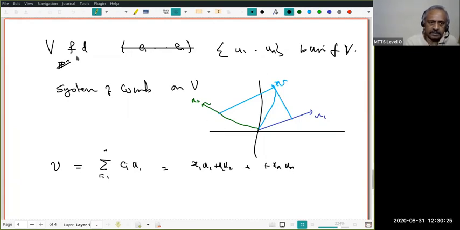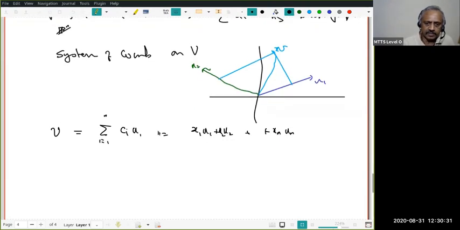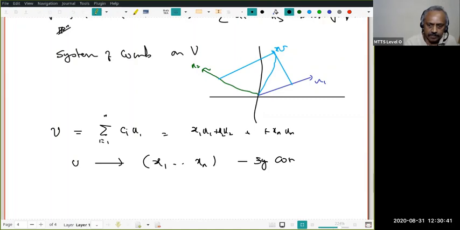Notice that V is some space, need not be Rn, and u1 to un is any basis. Then I can always write it. Then for this V, I write the system of coordinates. I call this x1, x2, xn a system of coordinates. That is, coordinates of V with respect to the ordered basis.